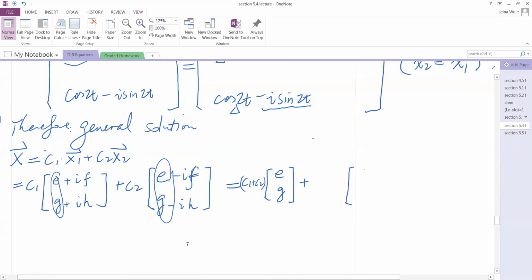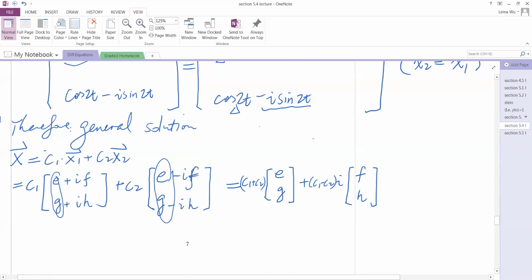And then for the FH part, they don't really cancel out, because they have i's in front, but the coefficient turns out to be C1 minus C2. You see that?